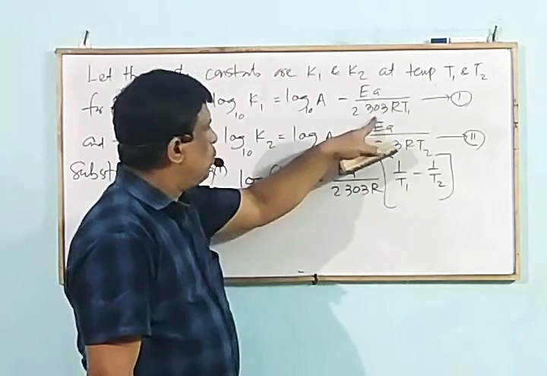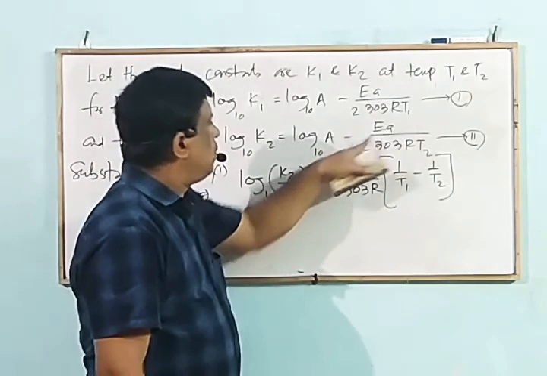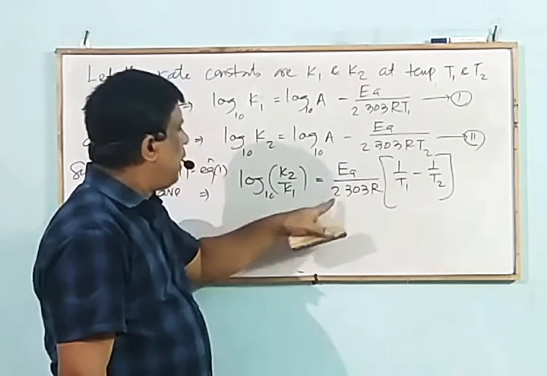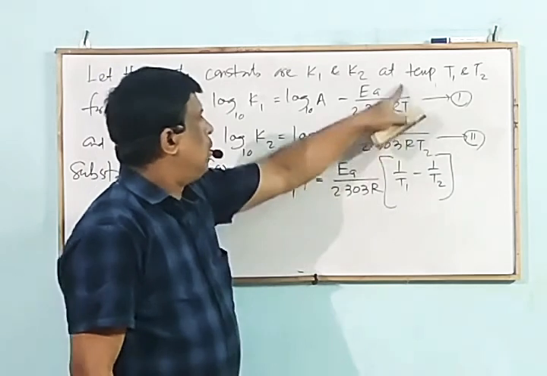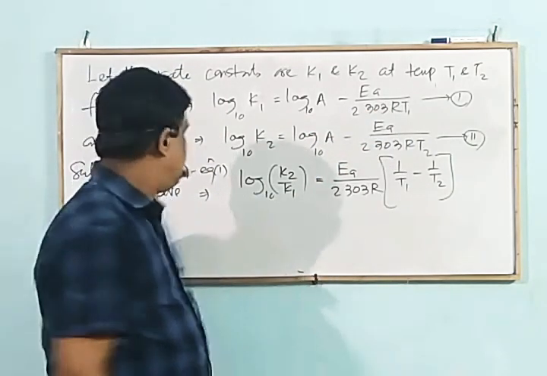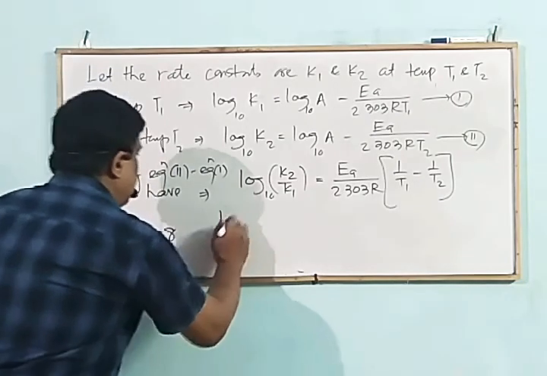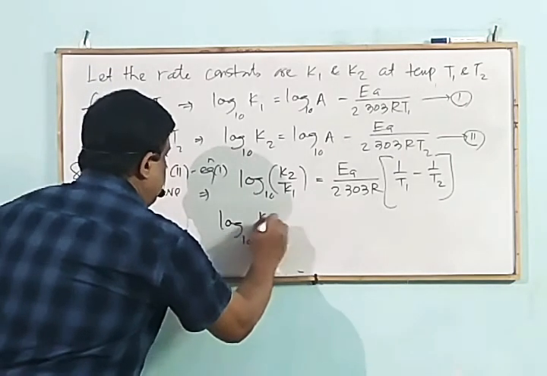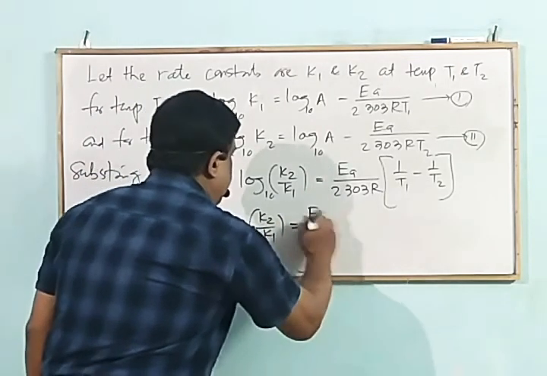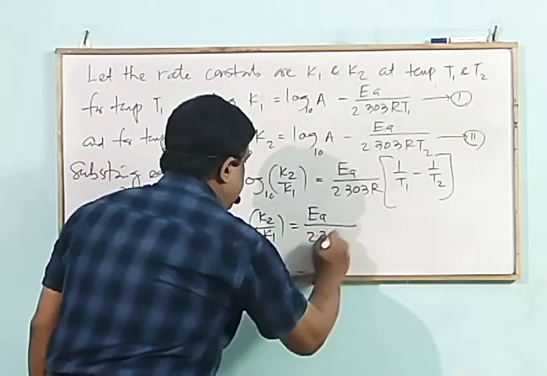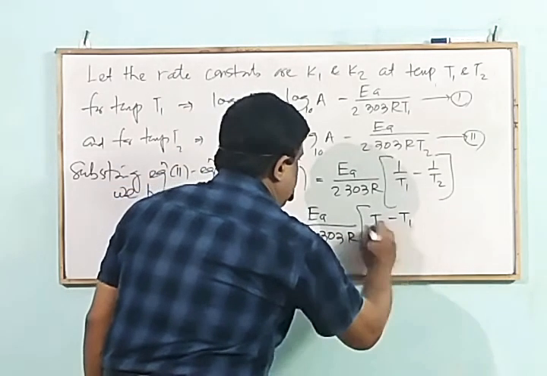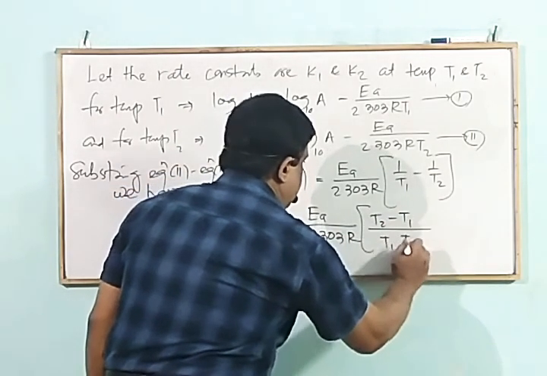So Ea by 2.303 RT1 minus Ea by 2.303 RT2, taking common Ea by 2.303 R, 1 by T1 minus 1 by T2. Or log base 10 K2 by K1 is equal to Ea by 2.303 R into T2 minus T1 by T1 into T2.